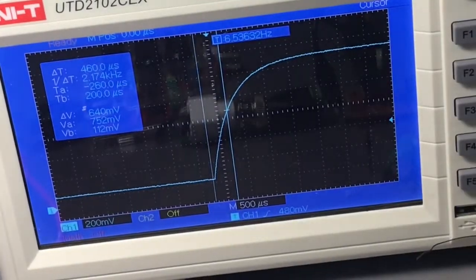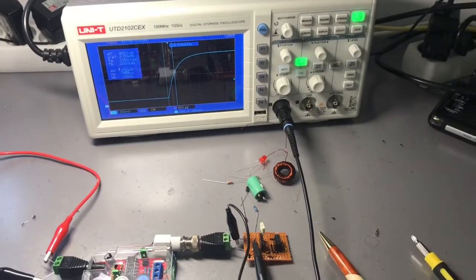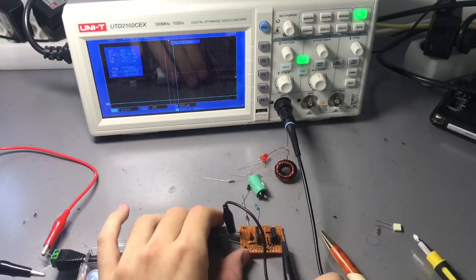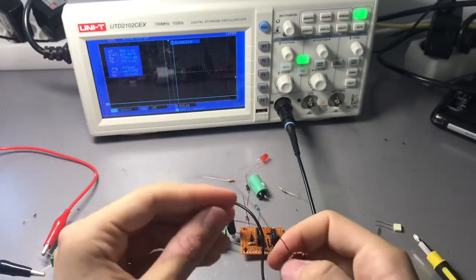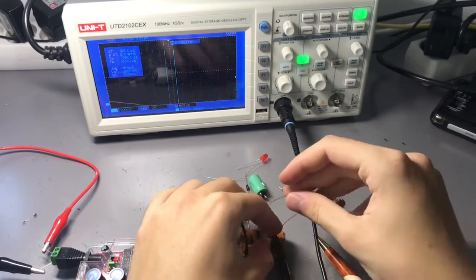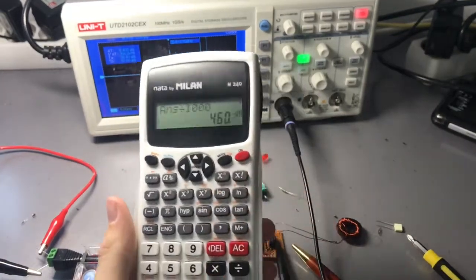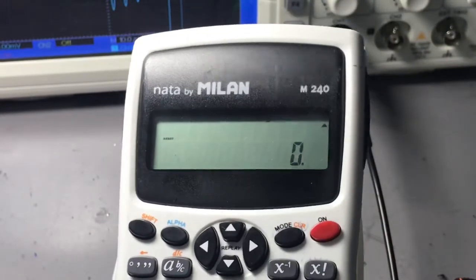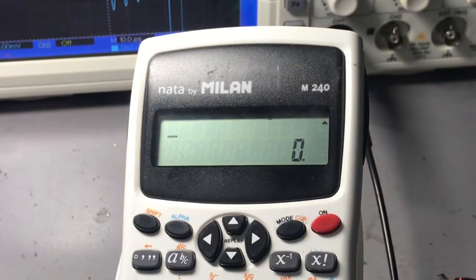Let's right now test inductors. Into our test device here, I put my probe across here and grab our coil, which is a hand-wound coil. In order to calculate it, we grab the formula that I showed you.